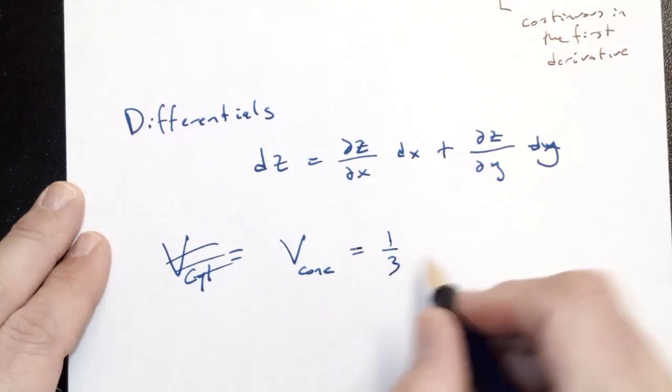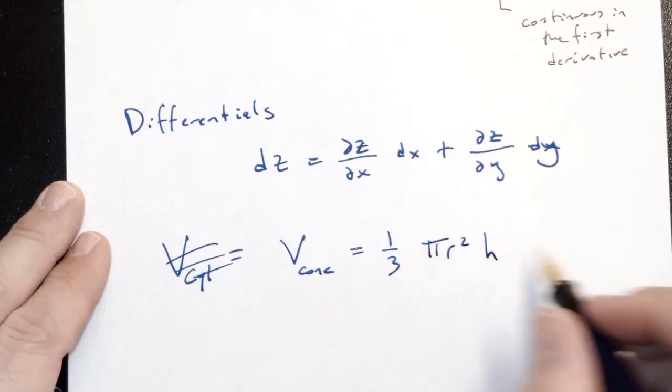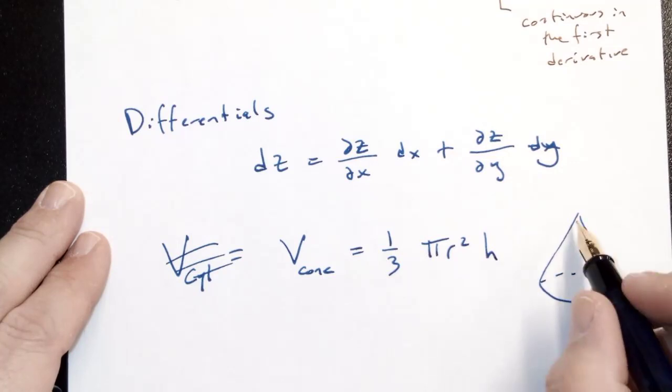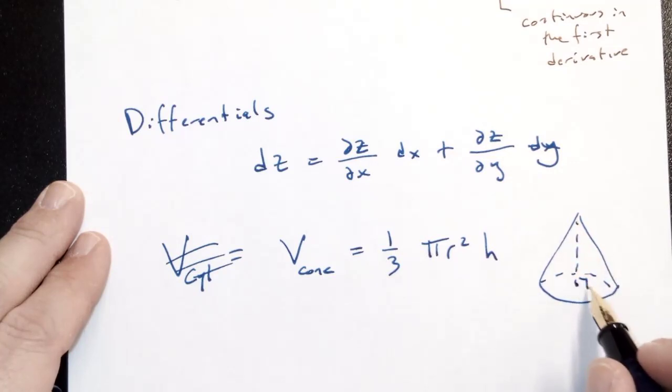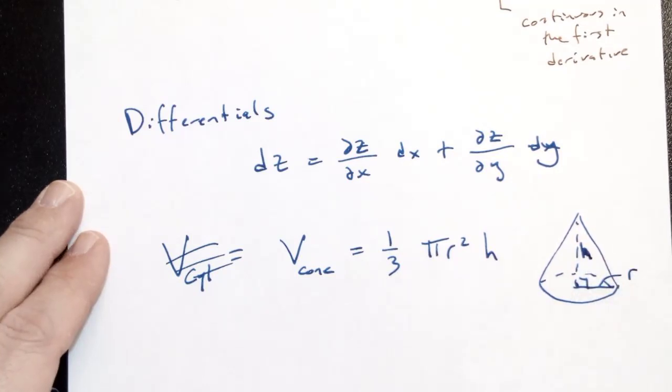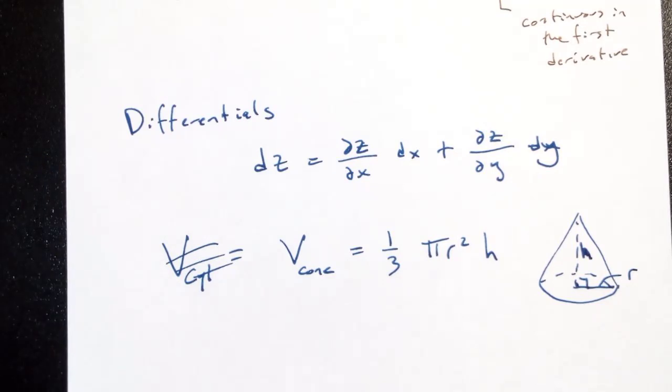So 1/3 pi r squared h. Which also makes it, by the way, 1/3 of the cylinder with the same base.